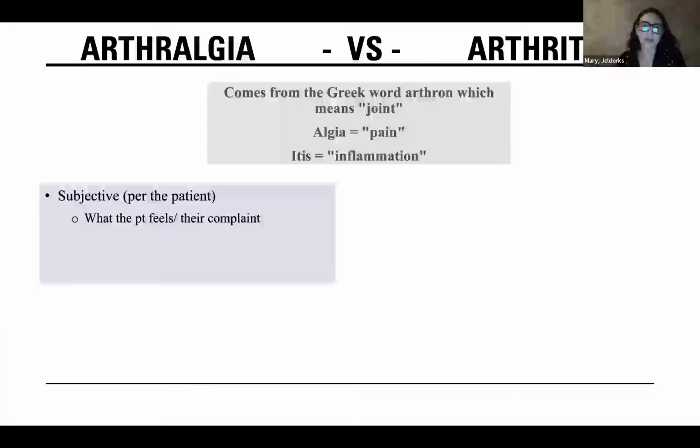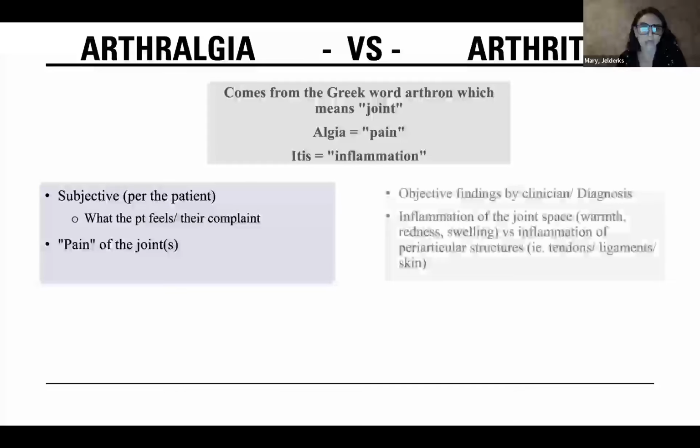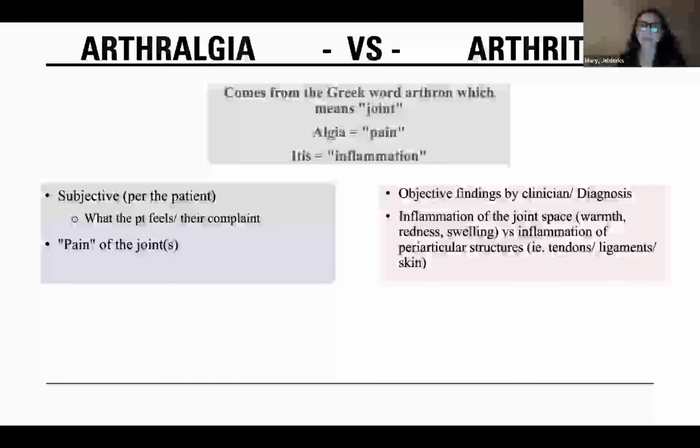So arthralgia, on the one hand, is more the subjective feeling, where patients come in with the complaint of joint pain. Arthritis, on the other hand, is a diagnosis made by a clinician based on objective evidence of warmth, redness, swelling, inflammation.